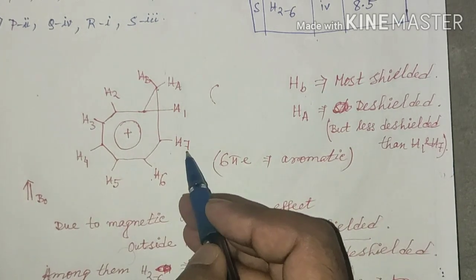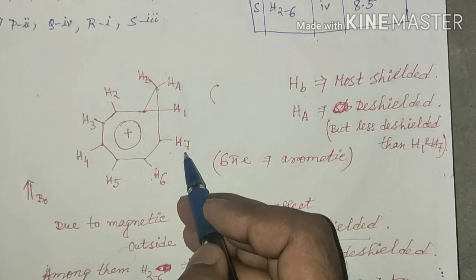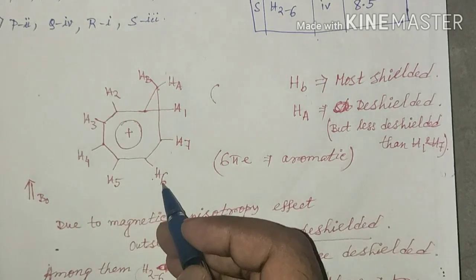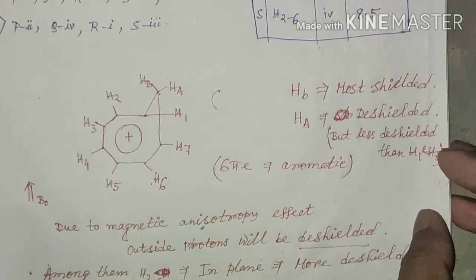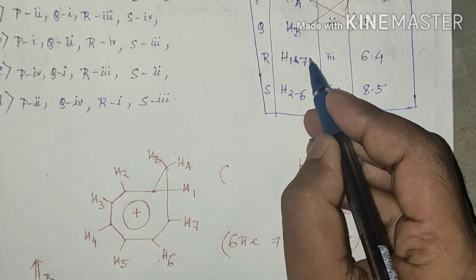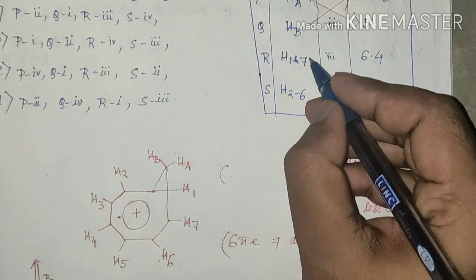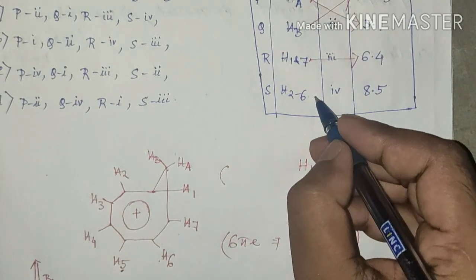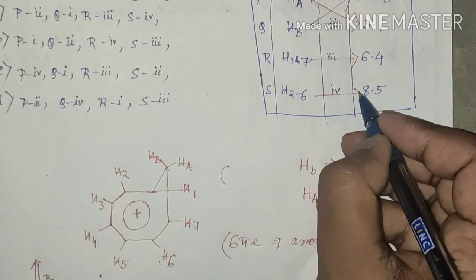So H1 and H7 will be somewhat upfield than the H2 to H6 protons.